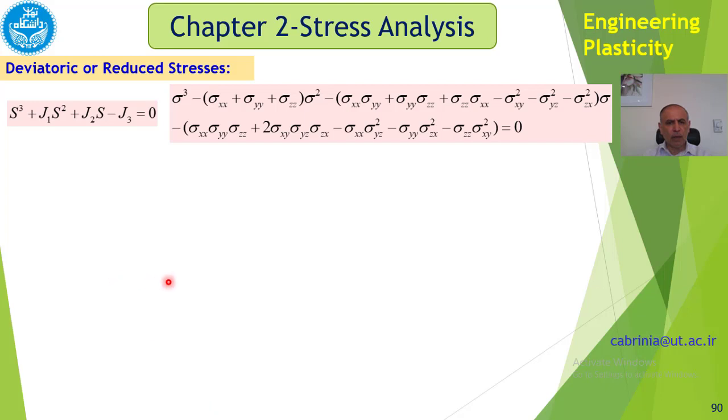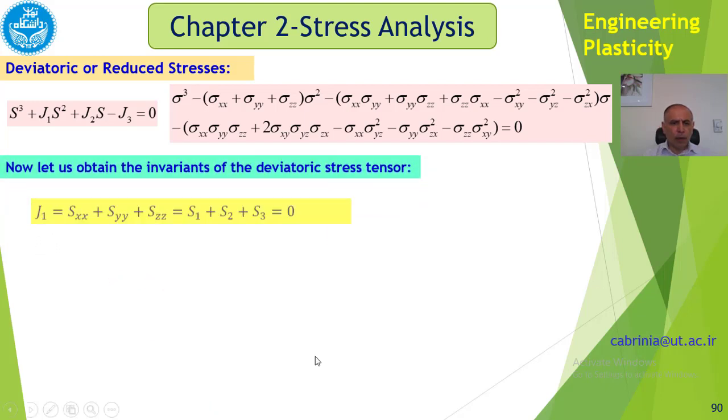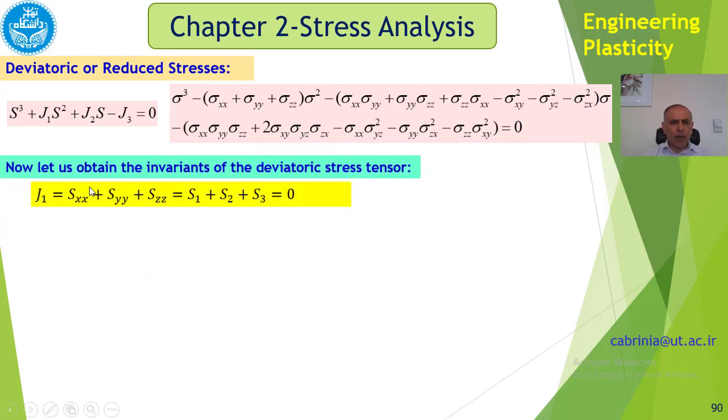Now let's see what we get. For instance, for J1, let us now obtain the invariants of the deviatoric stress tensor. We want to obtain J1, J2, J3. How do we do that? We will show that J1 is 0. Of course, we showed this in the previous slides, but we're going to show it again.